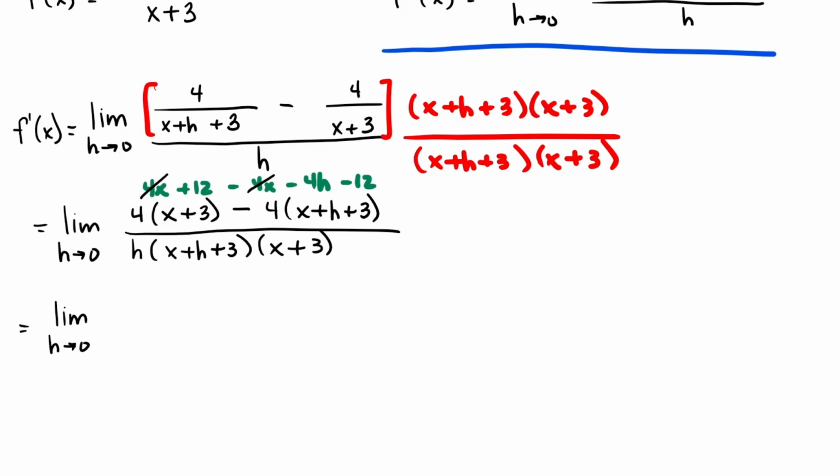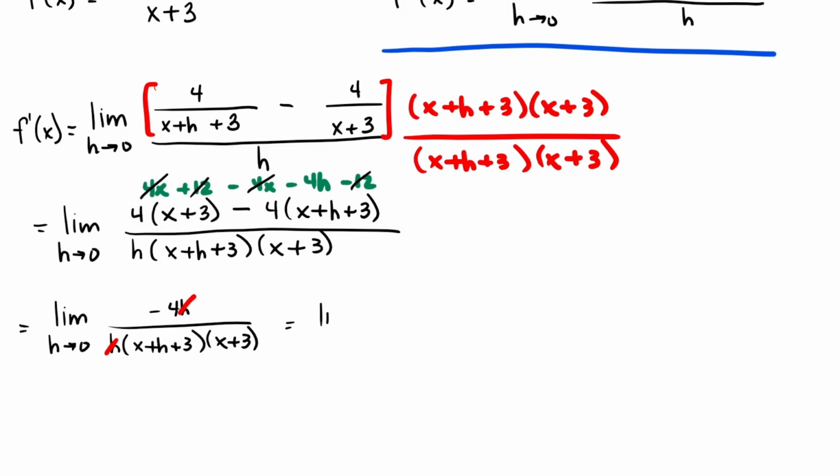The 4x's cancel out, the 12's cancel out, and we're left with negative 4h divided by h times x plus h plus 3 times x plus 3. And now we notice these single h's can cancel out because we have a factor of h in the numerator and a factor of h in the denominator. So I'm going to go ahead and cancel those out.